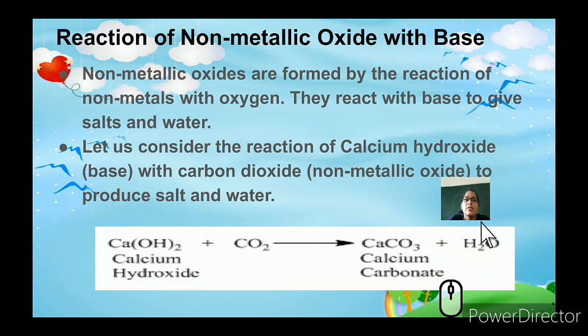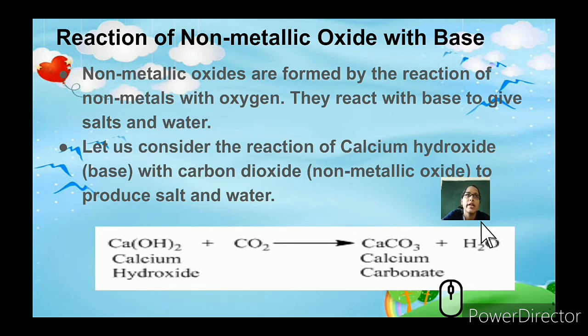Now we have seen what happens when a metallic oxide reacts with an acid. Now we will see what happens when a non-metallic oxide reacts with a base. Non-metallic oxides are formed when non-metals react with oxygen. They react with a base to give rise to salt and water. Here also the product is the same.